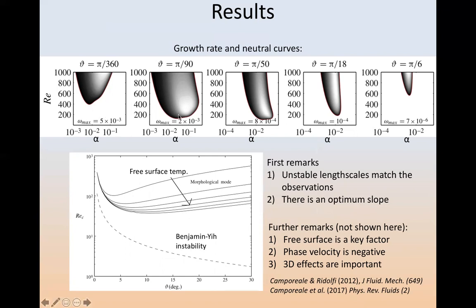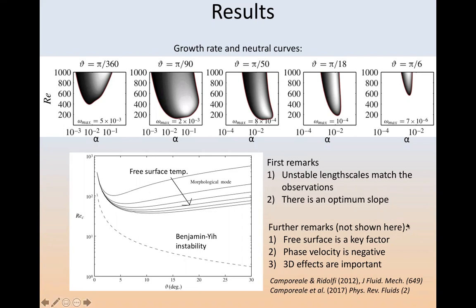We see that there is always a critical value of the Reynolds number for the morphological instability, which we can plot in this plot versus again the slope. But it's very different from the hydrodynamic-like instability, the one from Benjamin and Hill, which is the instability of the free surface, so the formation of roll waves in laminar condition.